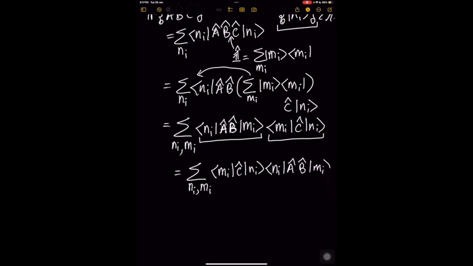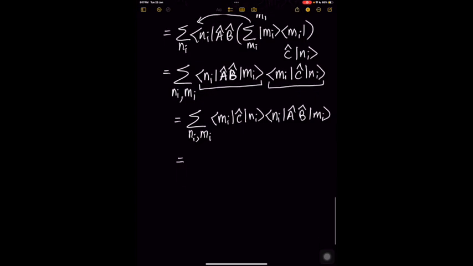ket m sub i. Now what I can do after this is take the summation over n sub i in. I will explain that very clearly now. I'm still going to keep the summation over m sub i outside. There is bra m sub i, C hat, acting on the sum over n sub i of ket n sub i, bra n sub i, acting on A hat, B hat, ket m sub i.